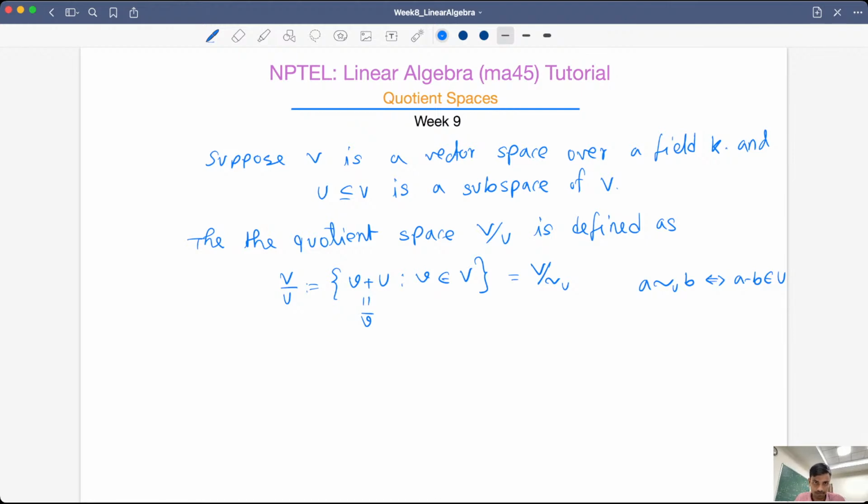All the equivalence classes are taken as the quotient space V mod U. Okay, so this is the definition for the quotient space.